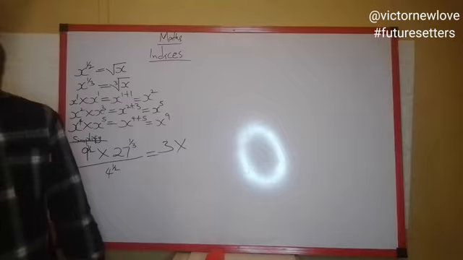Now, we are going to simplify again. Write your bracket, write your square root. 160x square plus 71x raised to power 4 plus 10x raised to power 4.